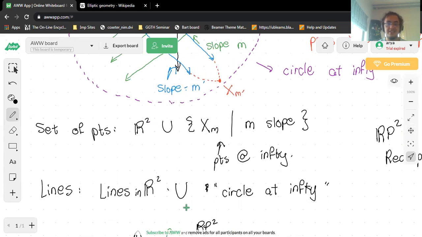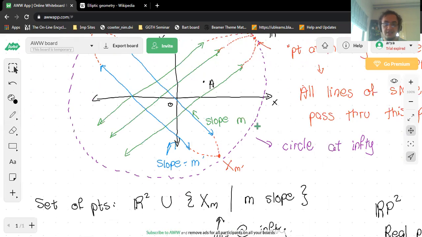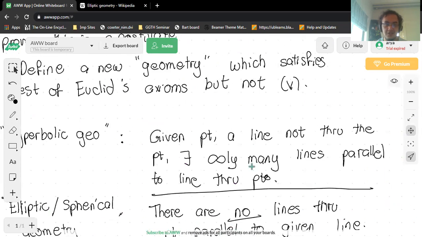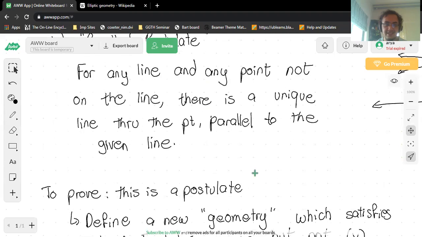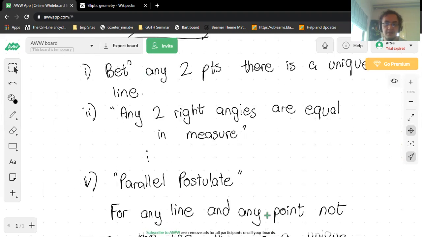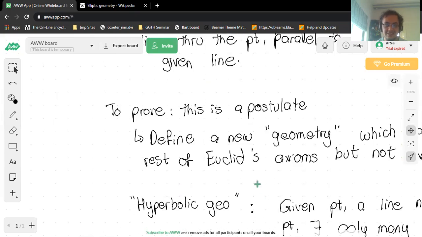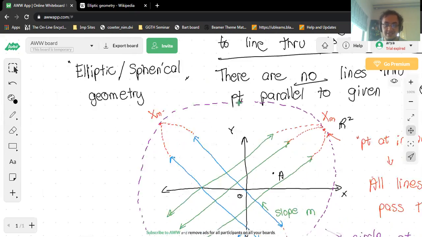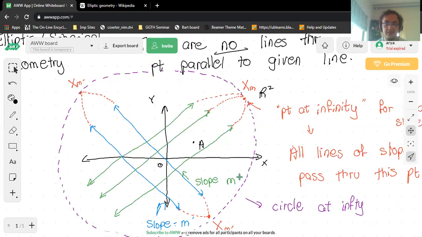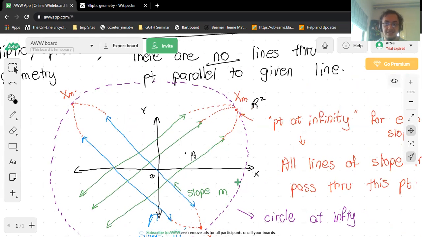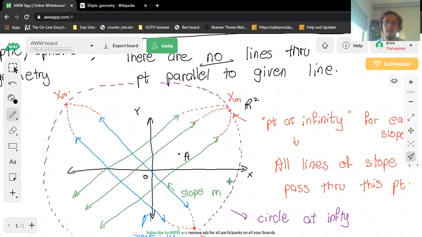One can check that this satisfies all the rest of Euclid's axioms. Note that I haven't stated all of Euclid's axioms here. I've just stated a couple of them, but you can check that this model satisfies all of Euclid's axioms apart from the parallel postulate. And about the parallel postulate, there are no two parallel lines because you have artificially made all parallel lines intersect at a point.